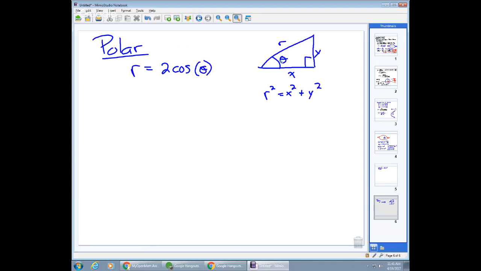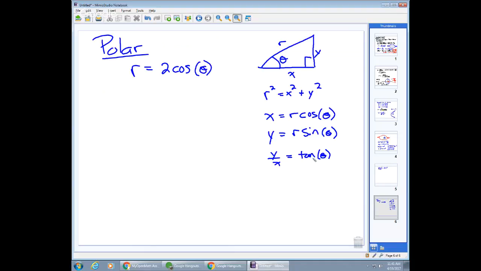The cosine will be x over r, so x is equal to r cosine of theta. y is equal to r sine of theta. And then y over x is equal to the tangent of theta. So those are some useful things when I'm playing around.